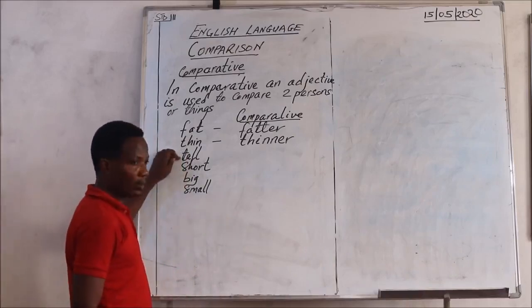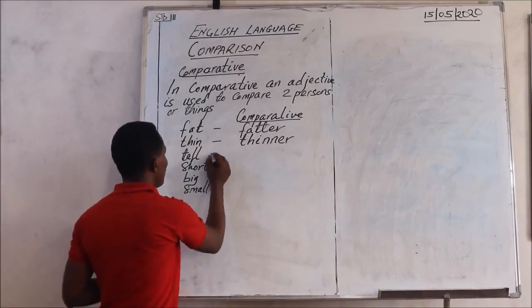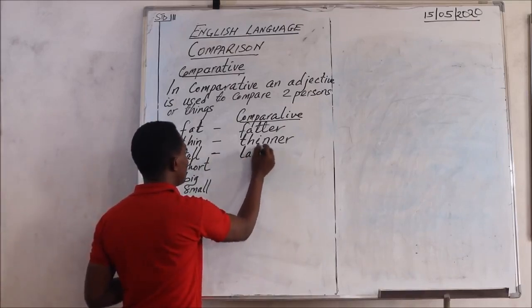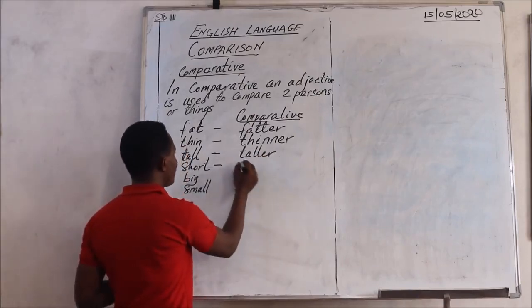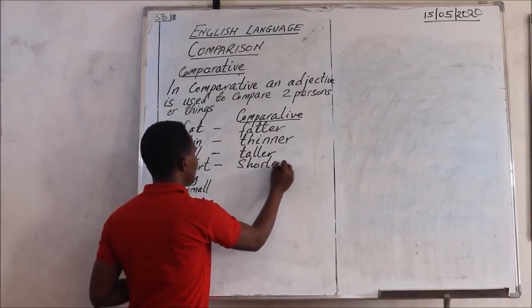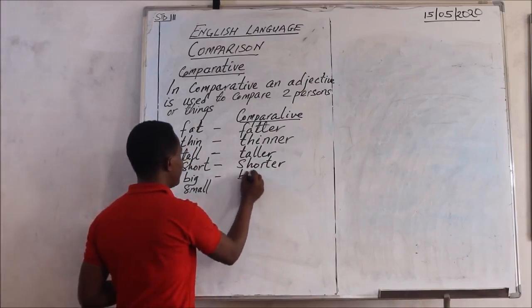And adjective tall, when we form it into comparative, becomes taller. Short becomes shorter. Big becomes bigger.